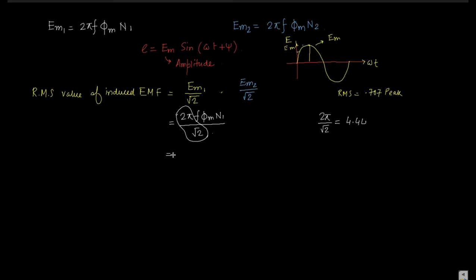So we can write it as 4.44 f phi m N1. This is the EMF equation for the primary side, the RMS value of the induced EMF in the primary side.